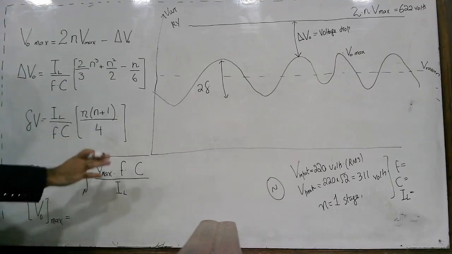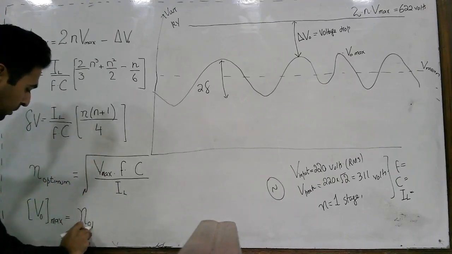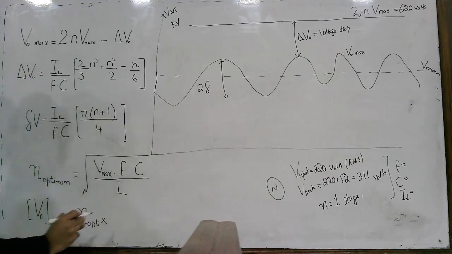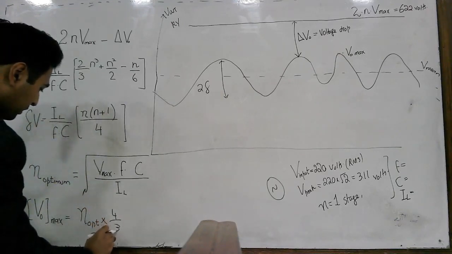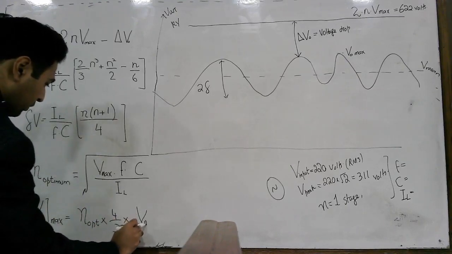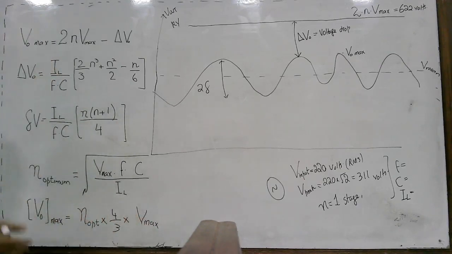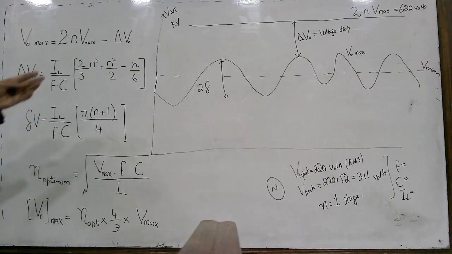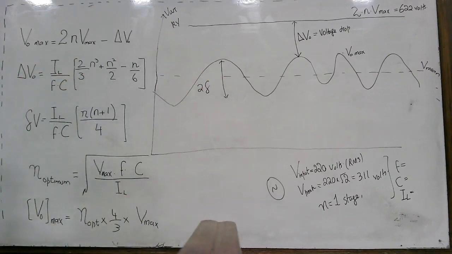This is the equation for the optimum number of stages: N optimum multiplied by 4 by 3 into V maximum.